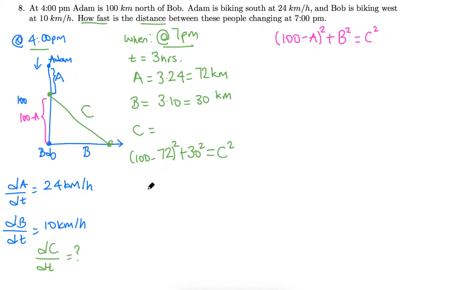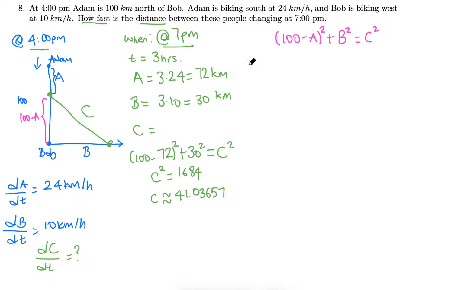Then that equals C squared. If we do this computation, we should get C squared equals 1684, then approximately C will be 41.03657.